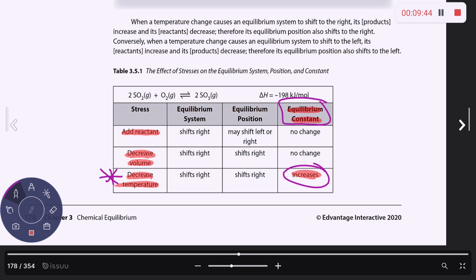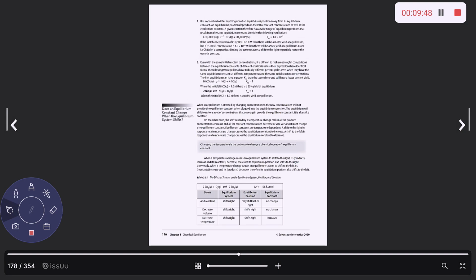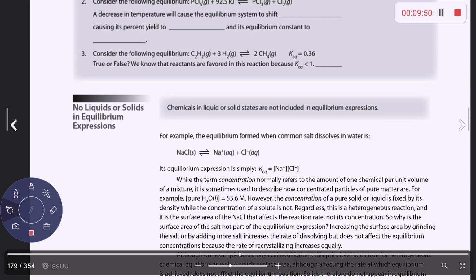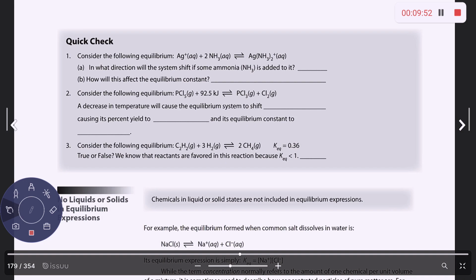Okay, take a look at the next page. Let's do the quick check. If you add ammonia to this reaction, what direction will we shift?